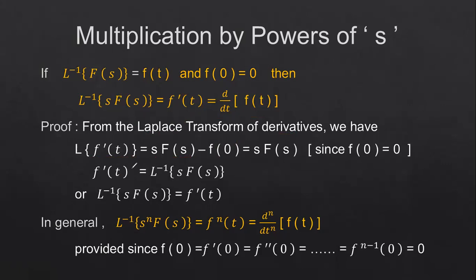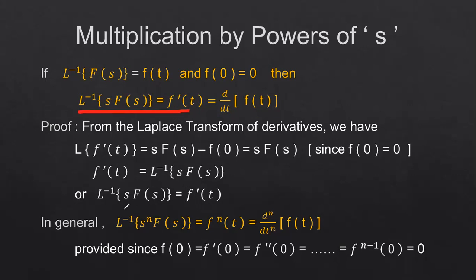From this, if you apply the inverse Laplace transform on both sides, then f dash t is equal to Laplace inverse of s into F of s. So Laplace inverse of s into F of s is nothing but f dash t. This is the proof of the theorem statement.